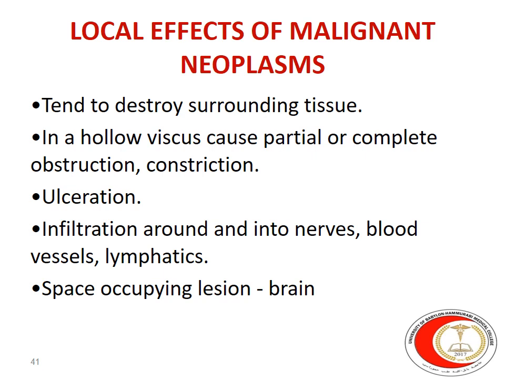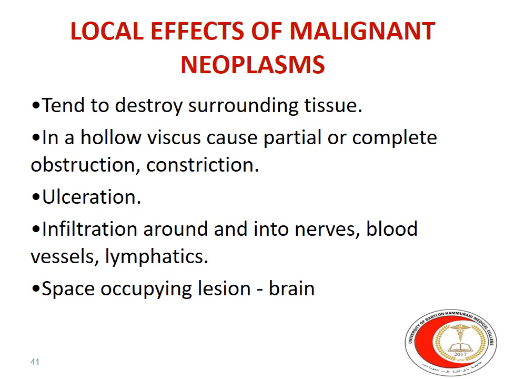While the local effects of malignant neoplasm, I mean local effect, is still at the primary site, there is no metastasis; a malignant neoplasm tends to destroy the surrounding tissue, unlike the benign. The benign invades by pressing on the adjacent tissue. It doesn't do invasion or destruction, and even when it does destruction, it does it by pressing on the adjacent organs or tissue.